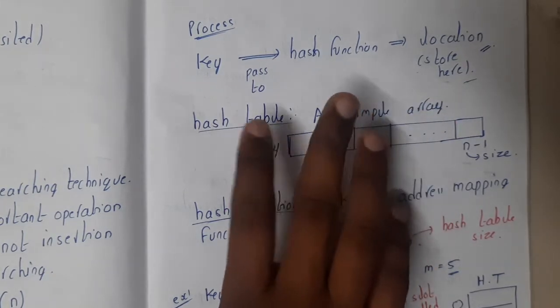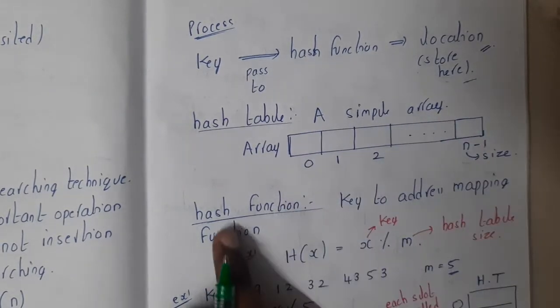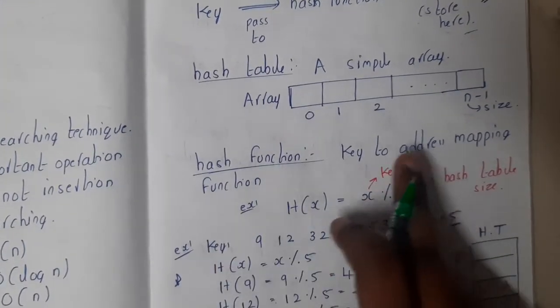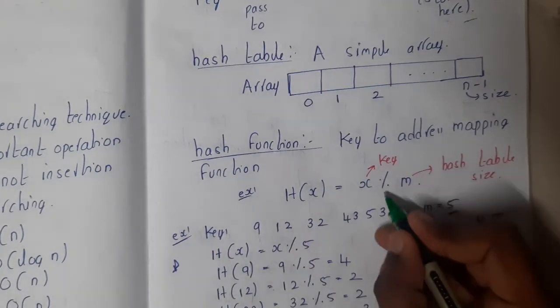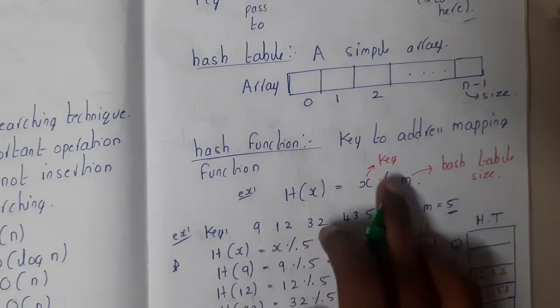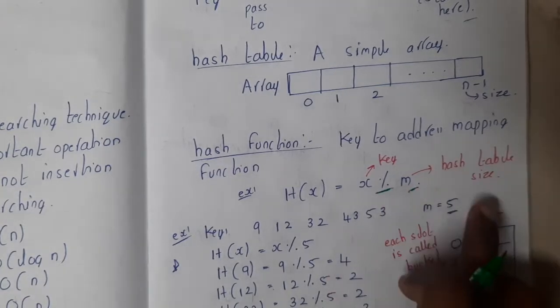The first is the most important, but let us learn all four. The first is a key to address mapping, a modulo or division function: h(x) = x mod m, where m is the hash table size.